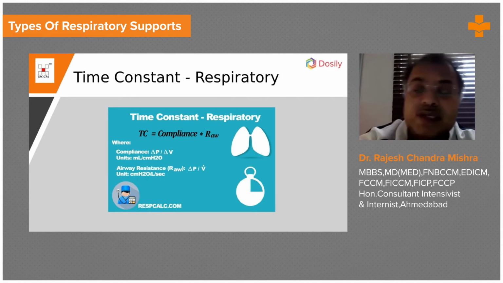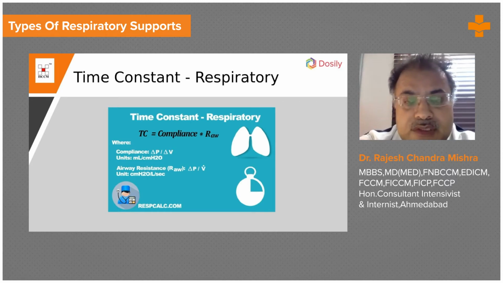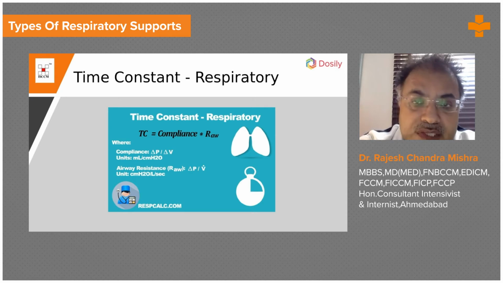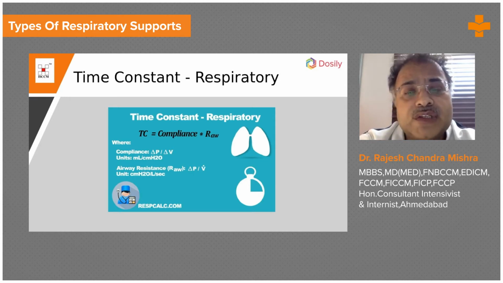Conversely, ARDS is a condition of low time constant because compliance decreases. The lung becomes non-compliant, and that means you need longer inspiratory time and lesser expiratory time to ventilate the patient. Means a patient of ARDS, pneumonia or LVF, you ventilate at the ratio of 1:1 or 1:2.